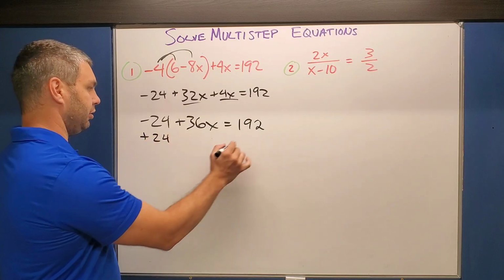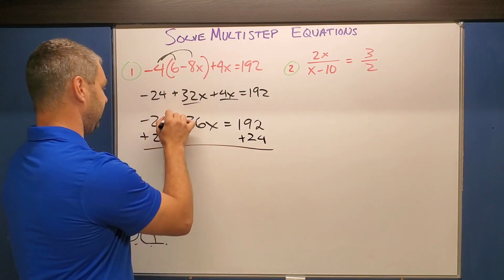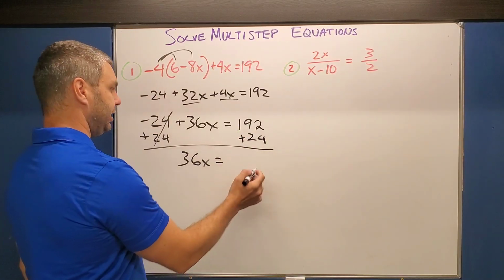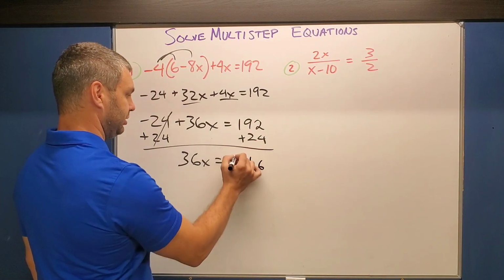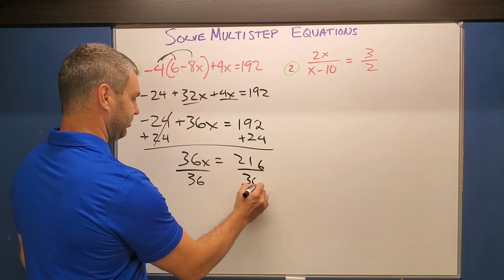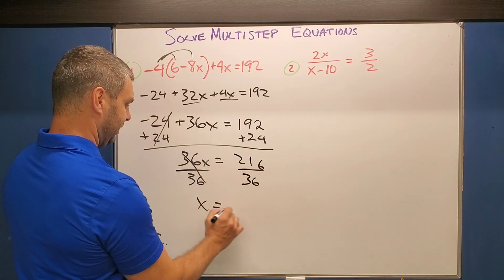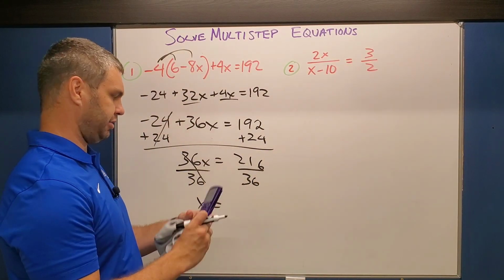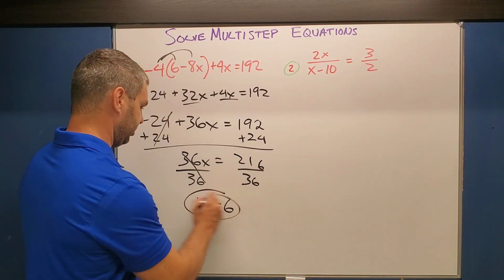I'm going to add 24 to both sides, just like so. And we get 36x equals, if I add that up, 216. Divide by 36, divide by 36, and x equals, I'm going to guess 6. Yes, it is. Okay, x equals 6.